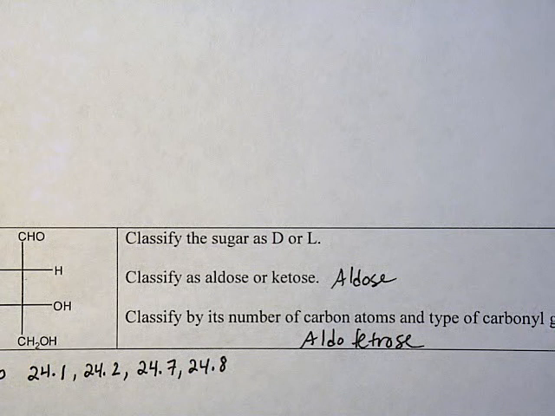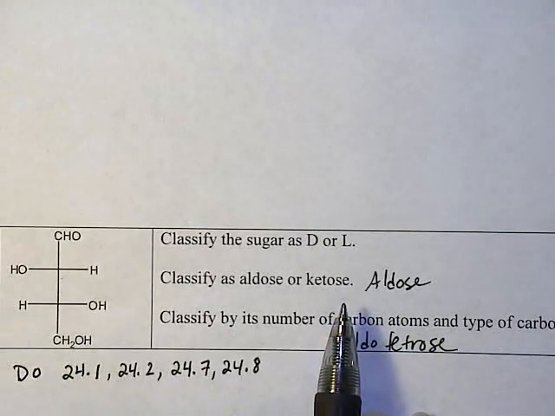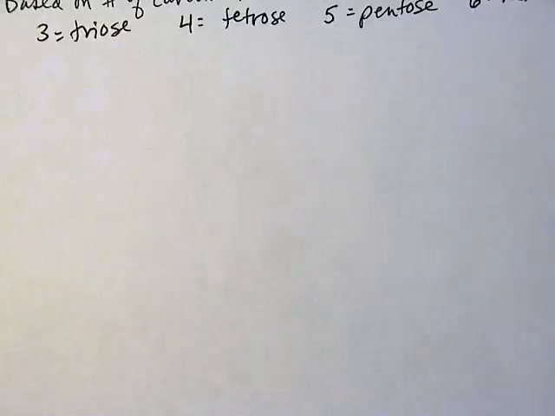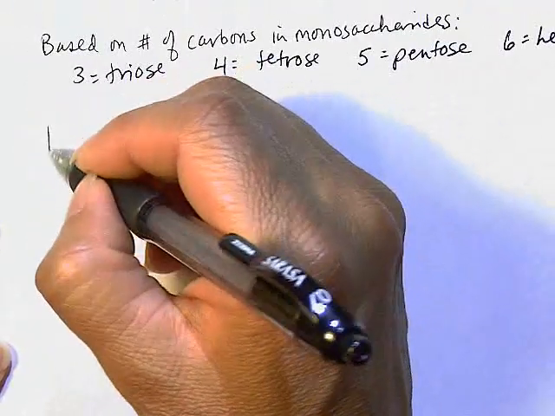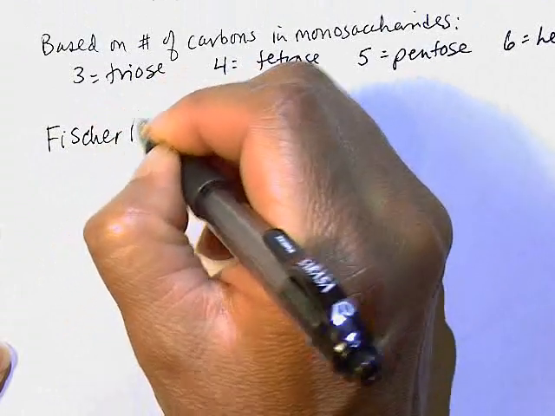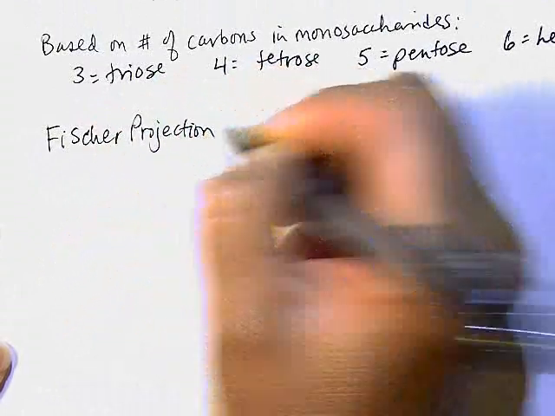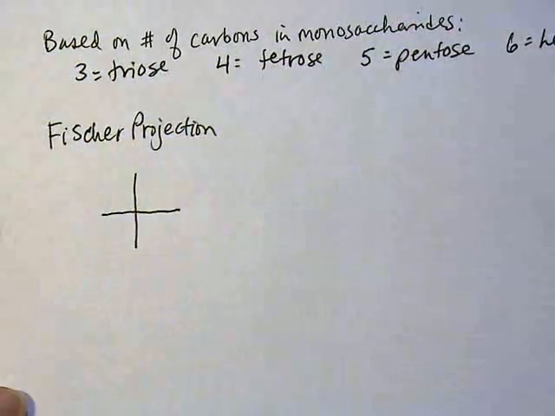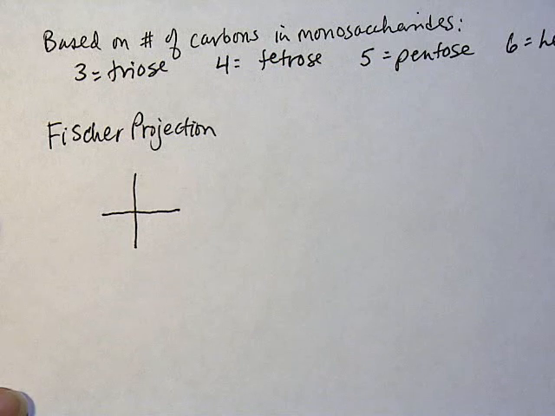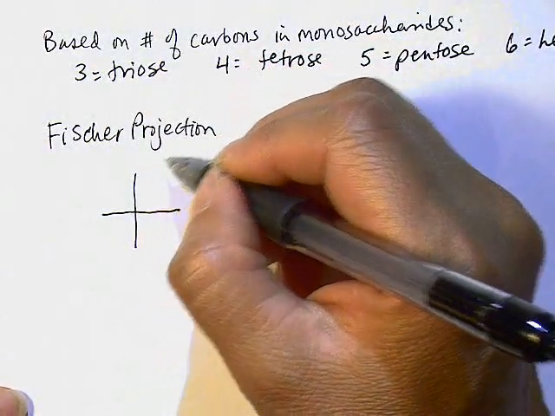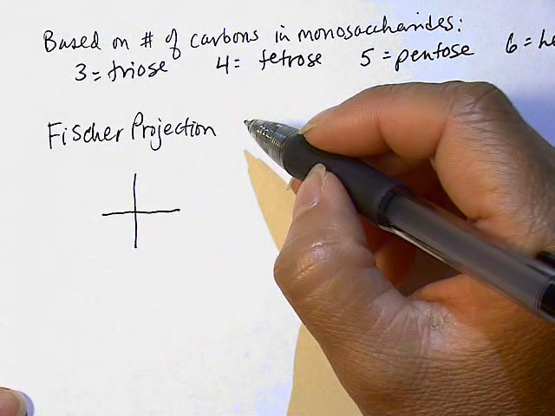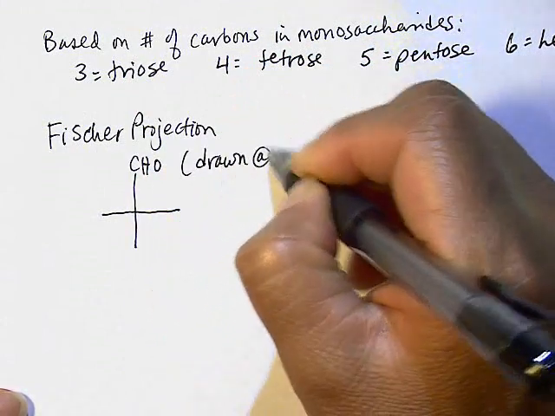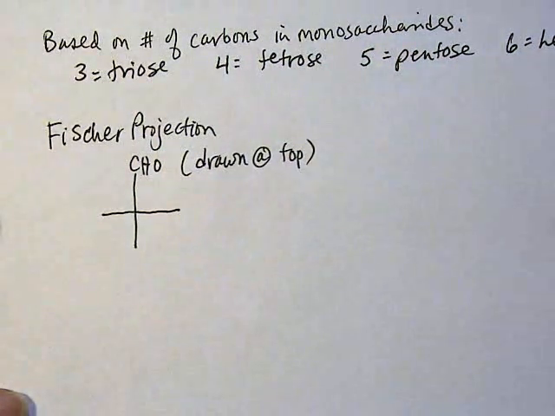Okay. Now, this question of classifying the sugar as a D or L, let's tackle that problem. All right. I'm going to briefly review the Fischer projection, which you should have gotten in Chem 114. But basically, a Fischer projection is drawn with a T, and by convention, when you draw sugars, the aldehyde is always drawn at the top of that T, all right?